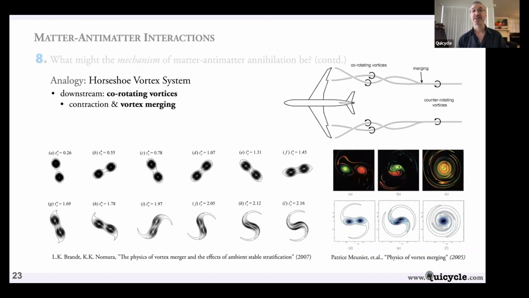Here are some graphic diagrams from a couple of papers that are cited below that are showing the progression of this idea. And you'll notice that as vortex merging proceeds, the cores of those rotating vortices not only begin to merge, but they become more concentrated in terms of the cross-section of the flow.